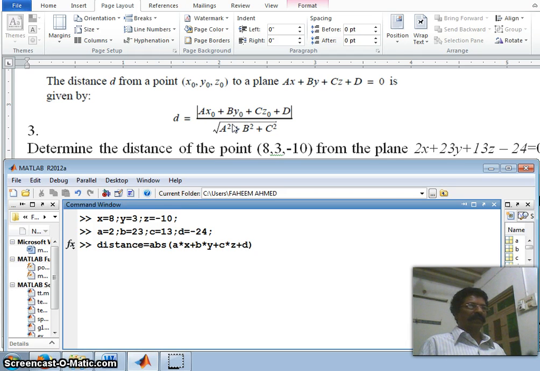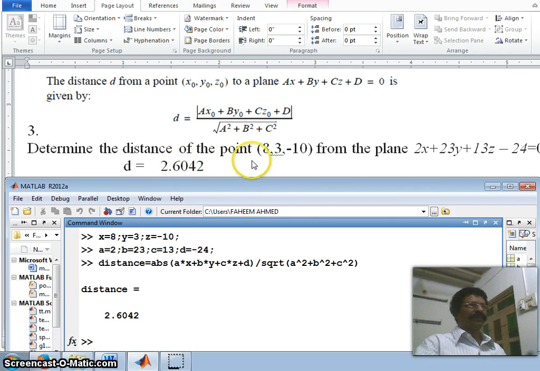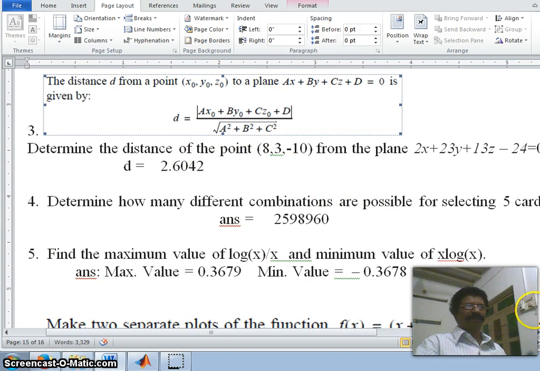This entire thing is one expression, divided by the square root of a power 2 plus b power 2 plus c power 2. This entire thing is one value, and this entire term is one value. Now if we calculate, the distance is equal to 2.6042, which is the answer. So we have answered the third question.